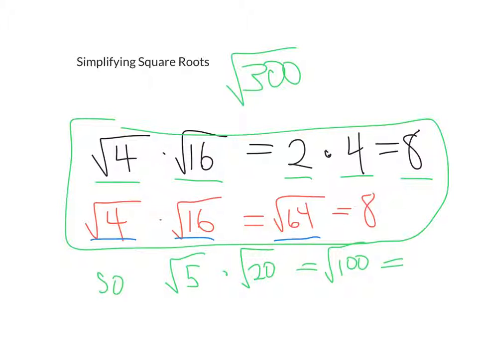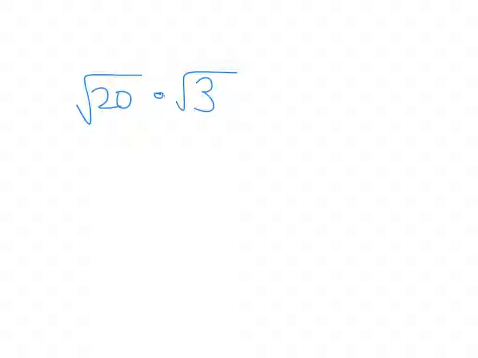So if I look here, radical 5 times radical 20. That's going to be radical 100. So what's the square root of 100? That's just going to be plain old 10. So if you want to, you can multiply things together if they're both under radical symbols. So if I wanted to, I could take radical 20 times radical 3, and that would equal radical 60.